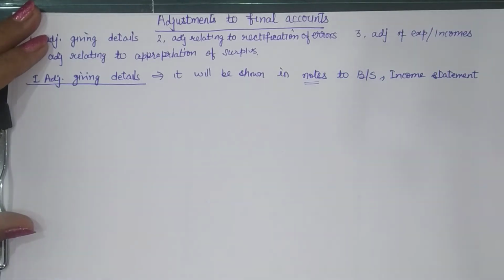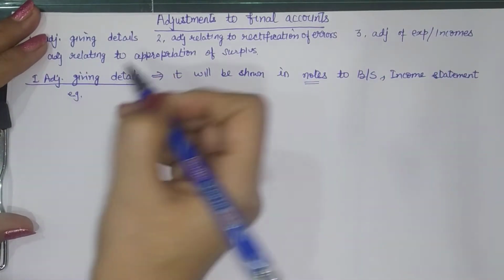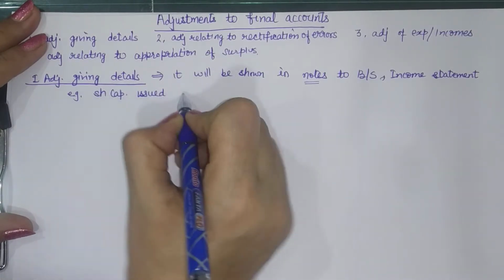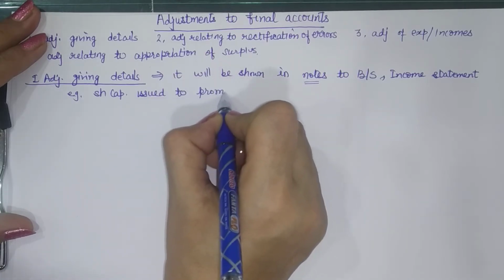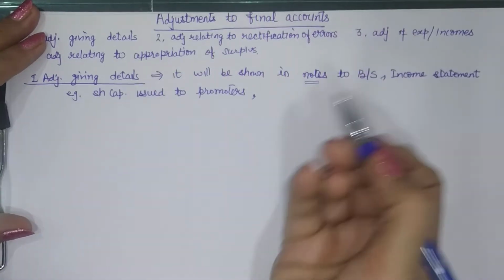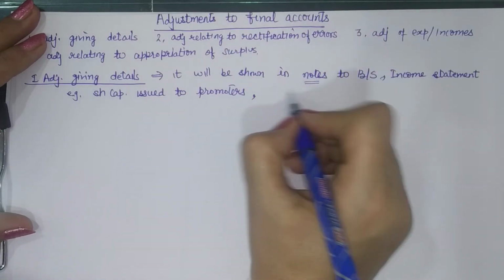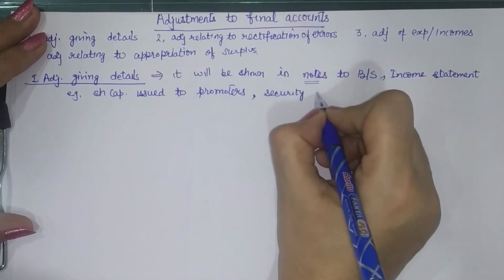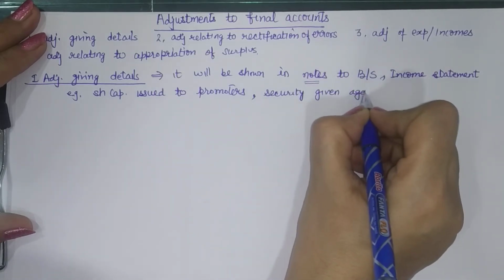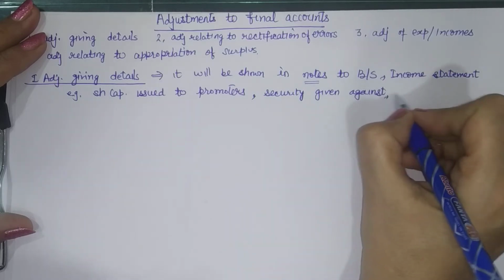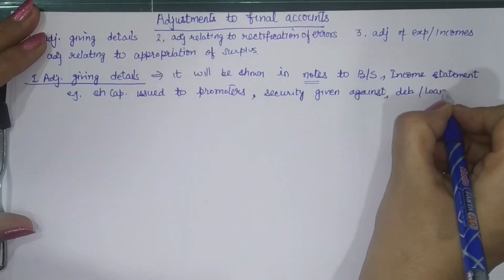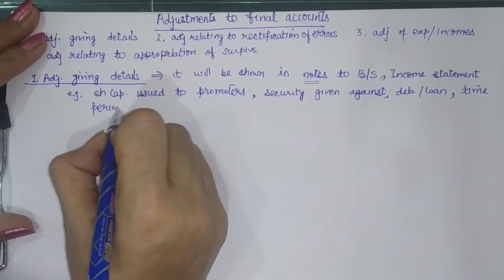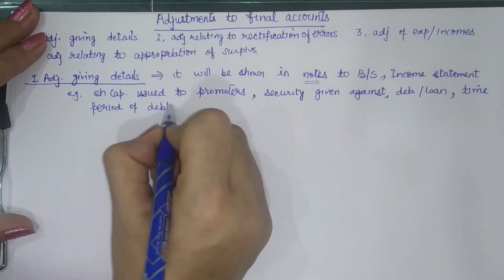So the examples of this can be share capital issued to promoters, or maybe you are given, say, security given against debentures or loan, or the time period of debtors, right?